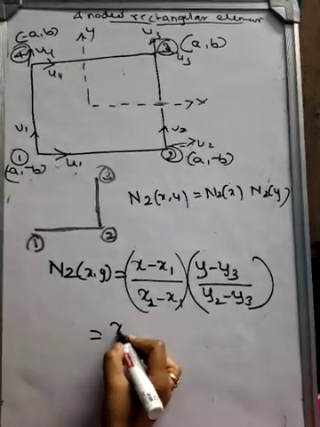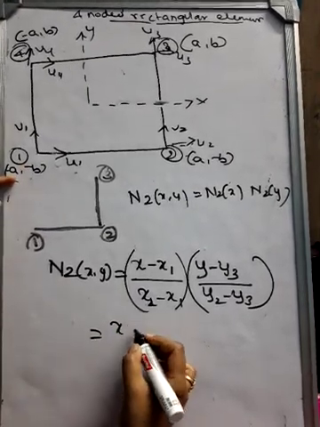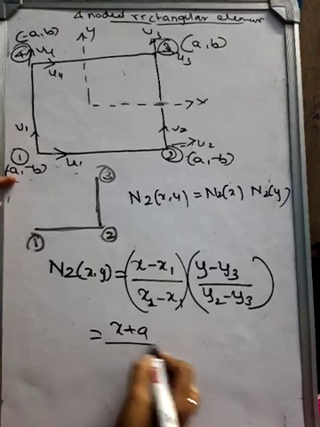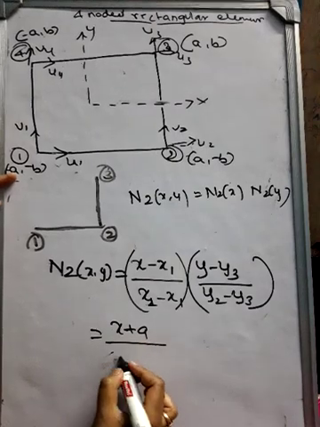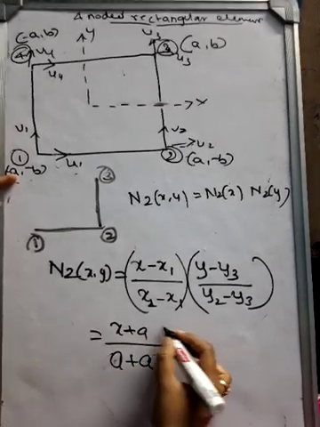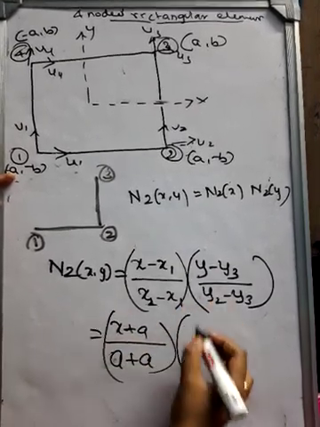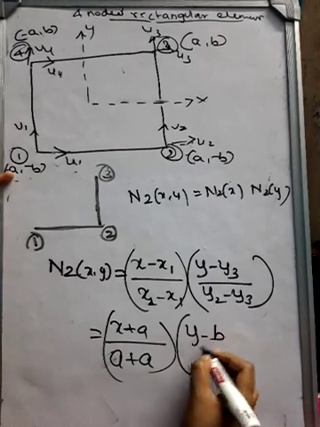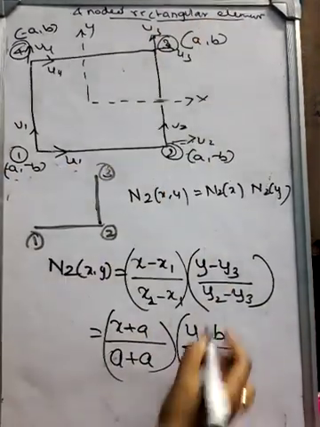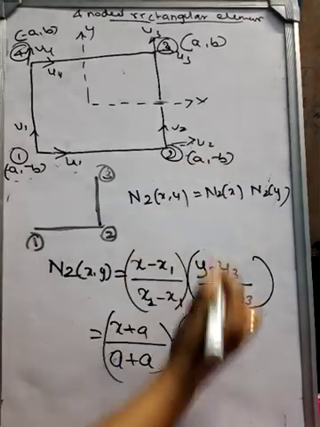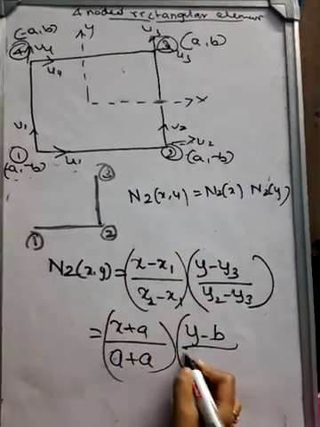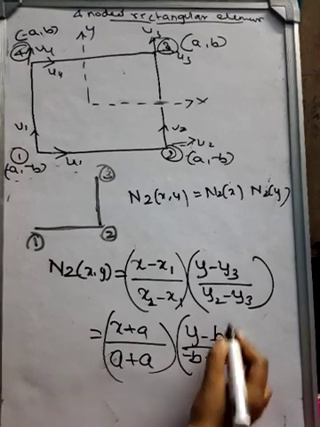Now, what is the value of x1? It is minus a. x2 is plus a. And this one would be y minus b, since y3 value is b, and y2 value is minus b.